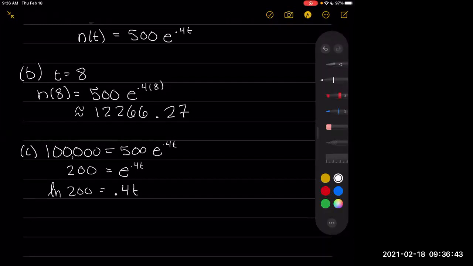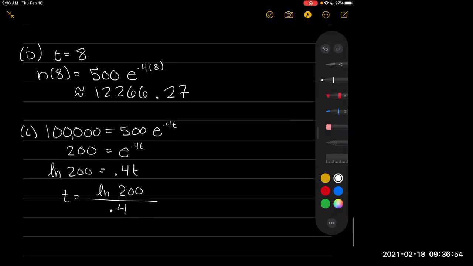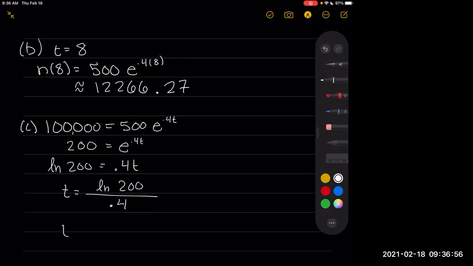And now we're going to divide both sides by 0.4. And then plugging this into a calculator, we see that t is approximately 13.25 hours.